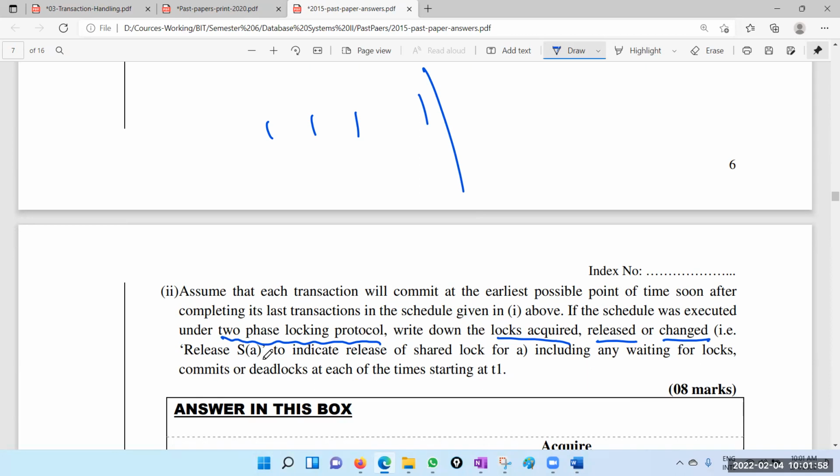I.e. release of SA to indicate release of shared lock for A, including any waiting for locks, commit or deadlocks at each of the time slots starting at T1. So you have to use this convention so that the examiner can easily see whether you have done it properly. Okay, so now do it.